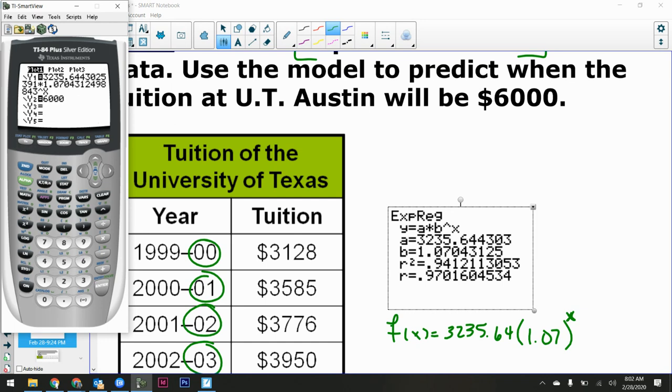We go into our y equals, we say, okay, 6,000. And at this point, we do zoom fit. Zoom fit will show both lines on the screen. But we need to see their intersection point, right? Here's our exponential coming across, and then there's our 6,000 line. I need to zoom out to see my intersection point. Zoom 3, enter.